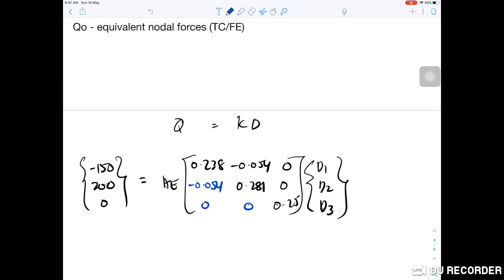Now we have established the stiffness equation, or the force displacement equation, corresponding to the unconstrained degrees of freedom only, because we will analyze this equation to determine the unknown displacements, which occur in the unconstrained system.